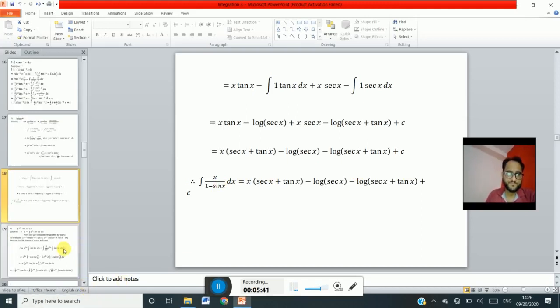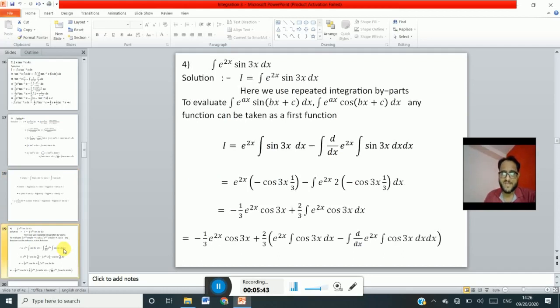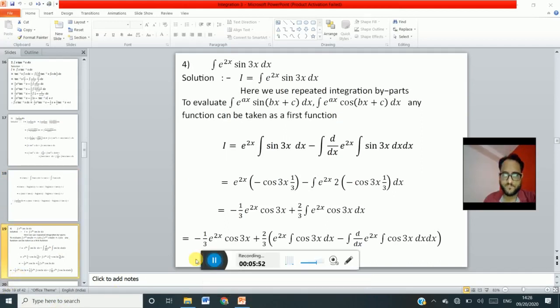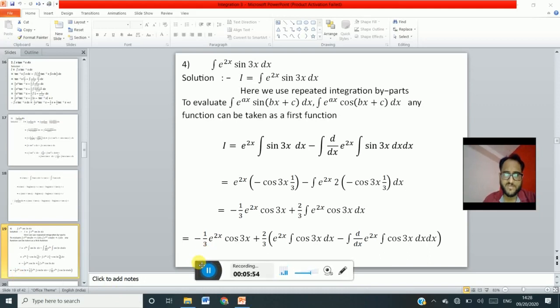Now see the next one, that is integration of e to the power 2x into sin 3x, right? So let I be the given integral. Here this is an exceptional case, so we use the repeated integration by parts formula. To evaluate integration of e to the power x into sin bx plus c, or integration of e to the power x cos bx plus c, this type of integration, we can consider any function as the first.